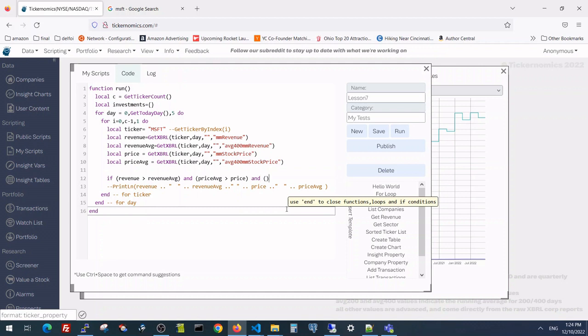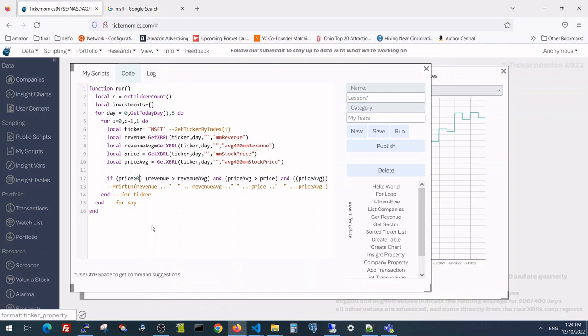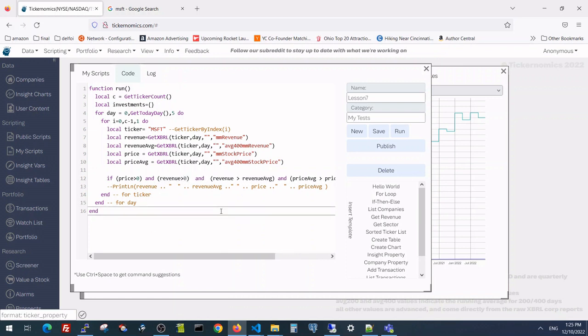And also put some margin to this. And price average. We also need to check, of course, that everything is non-zero. Price is above 0, and revenue is above 0.